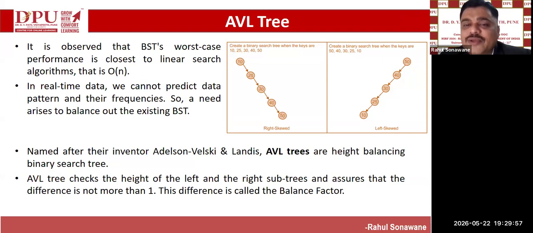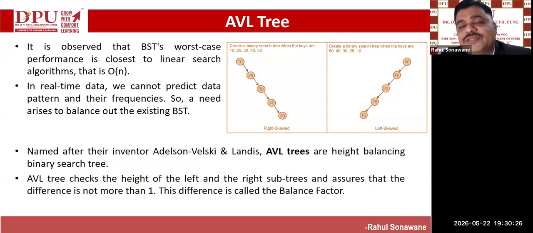Then the data coming is 25. Obviously 25 is greater than 10, so we keep it in the right subtree of 10, as there was no right subtree for 10. Then the same logic is followed, and we end up with this right skew tree, where every node has only right subtrees. Therefore, it is called a right skew tree.